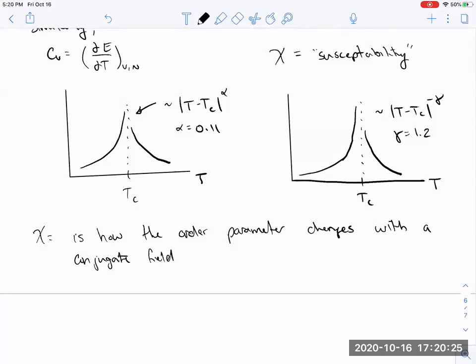Which could be, for example, how the density changes with pressure, or how the magnetization changes with some applied magnetic field.